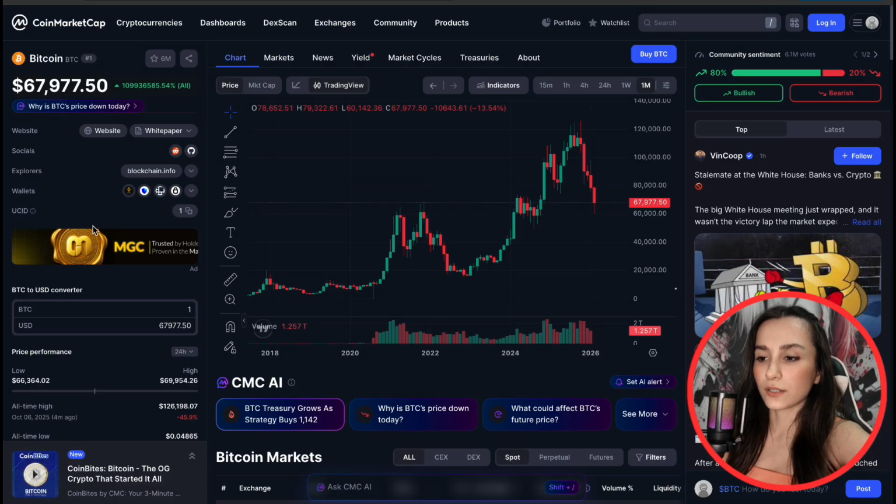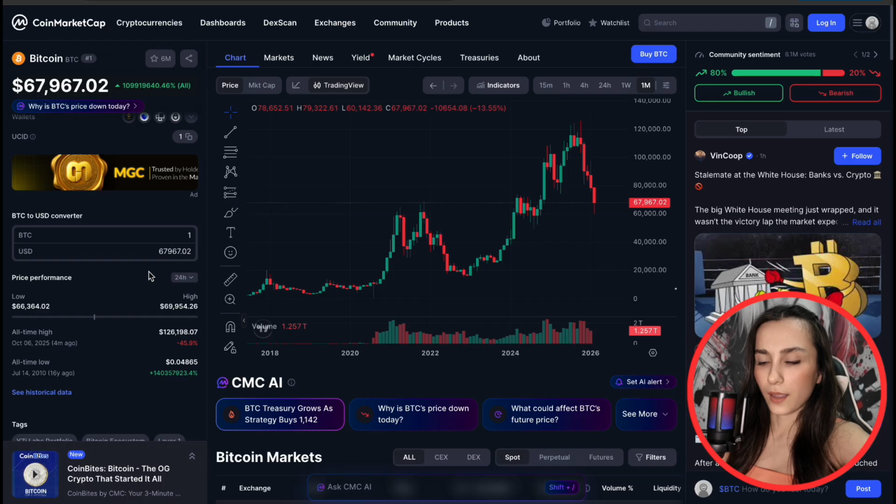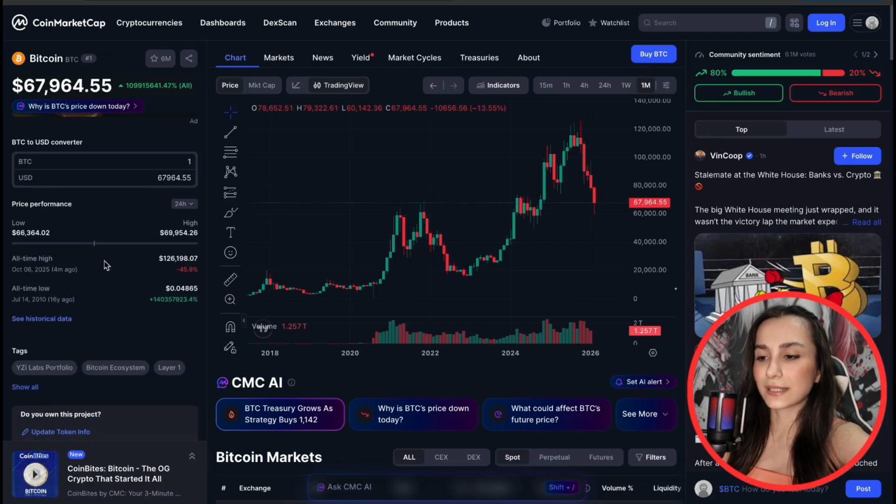Also their social part and their explorers. When you scroll down, you will see the low price and high price. When you click that, it's 24 hours. In 24 hours, it dropped to 66 and rose to 69.